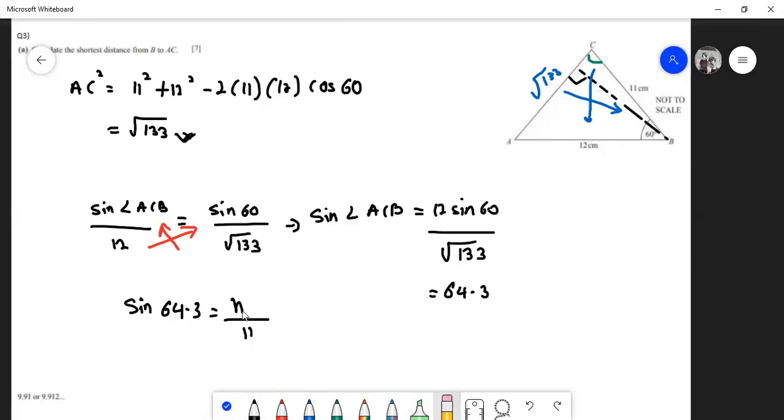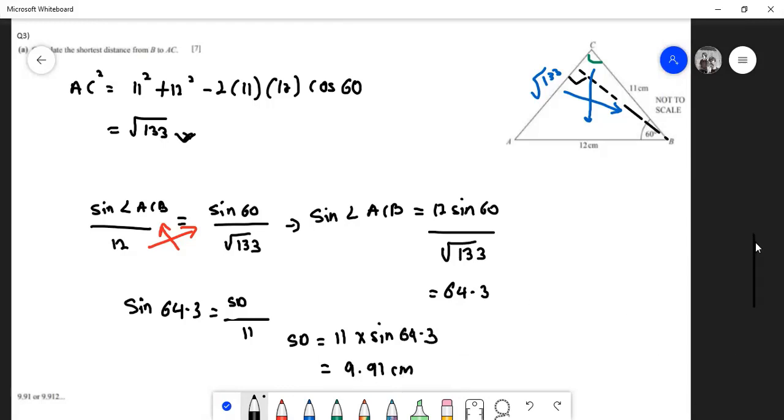Height is quite misleading because h can be hypotenuse, so I'll just put SD, which stands for the shortest distance. So my shortest distance is going to be 11 times sine 64.3, and that should give me 9.91 cm.